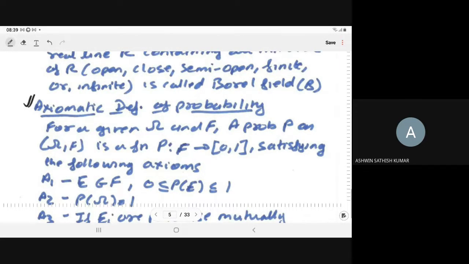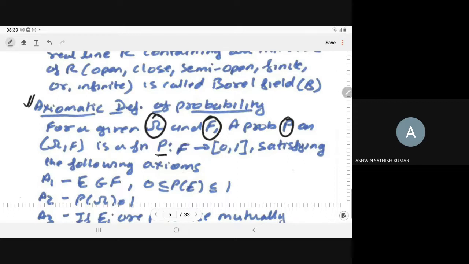So now the axiomatic definition of probability: for a given sample space omega and sigma field F, we define a probability P. A probability P on the ordered pair, the sample space and the sigma field, is a function.